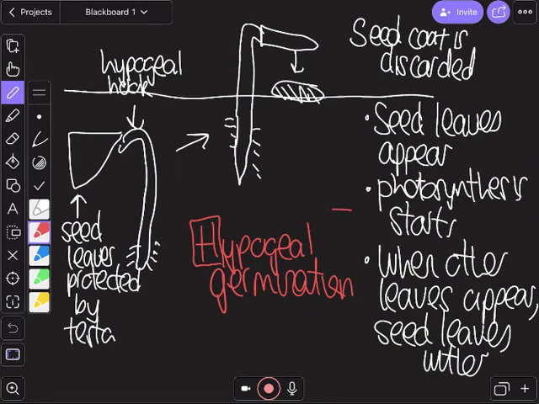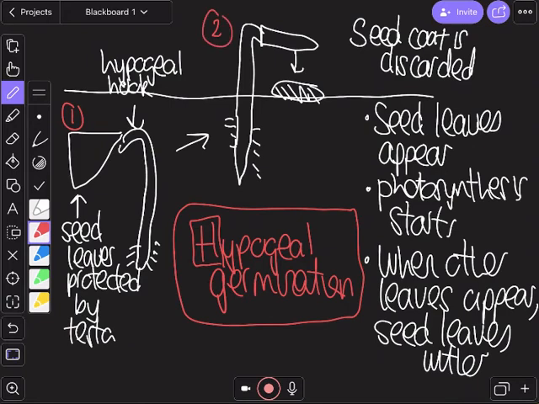Miss, what is that pointing to? Like the second diagram you drew? So this would be like a stage 1, and this would be the second one when it's actually gone through the soil up to the surface. So does the seed go with the shoot? The seed goes with the shoot. Okay, thanks.